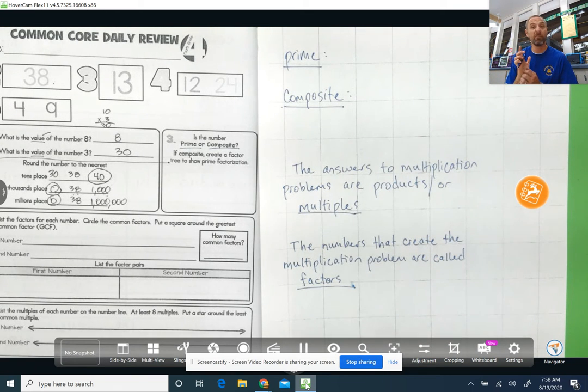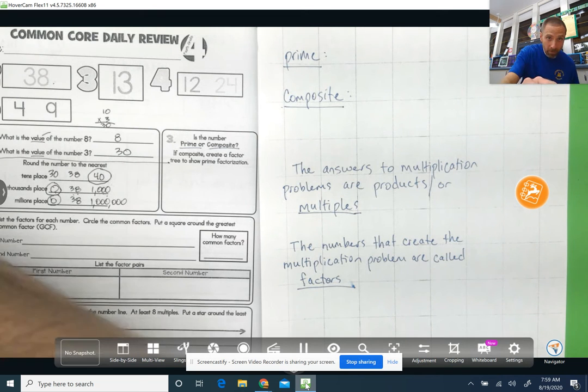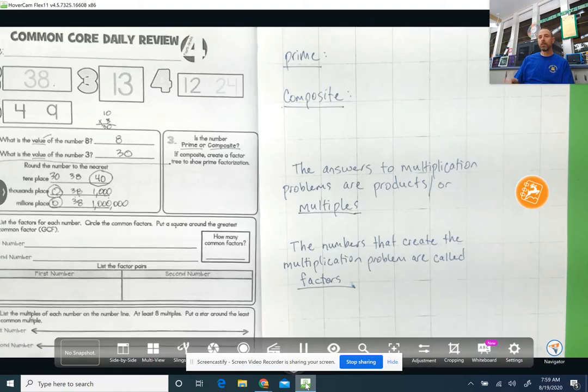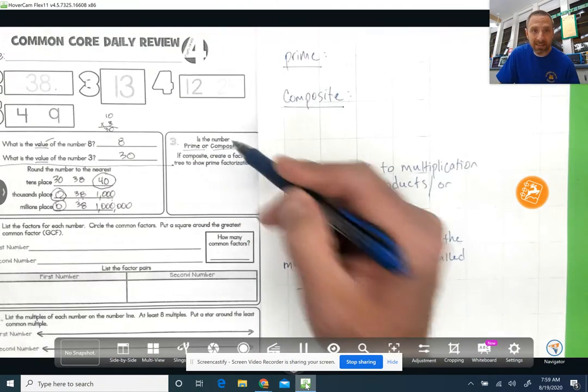Okay, and 3 and 4 both are dealing with the idea of multiplying. And although you're not multiplying anything in 3 and 4, you're using our developing knowledge of multiplication to help you with it. So, number 3 asks us, is the number prime or is it composite?